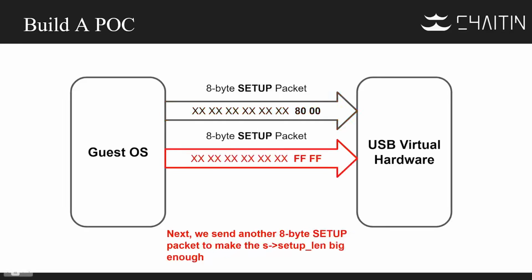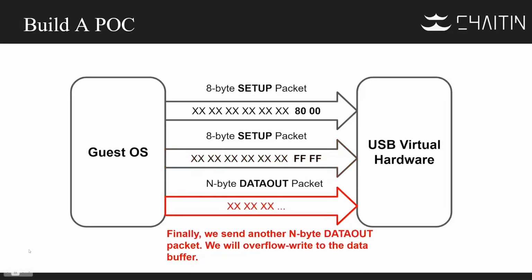Second, we send another 8-byte setup packet. The 6th byte and the 7th byte are 0xFF. This packet will set setup length big enough, and it will fail the check.